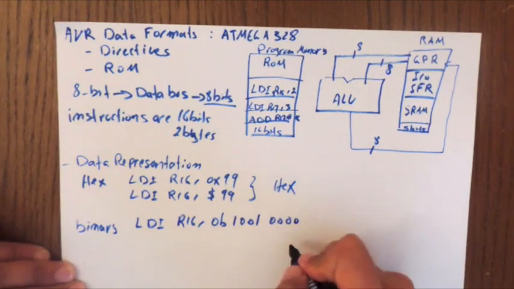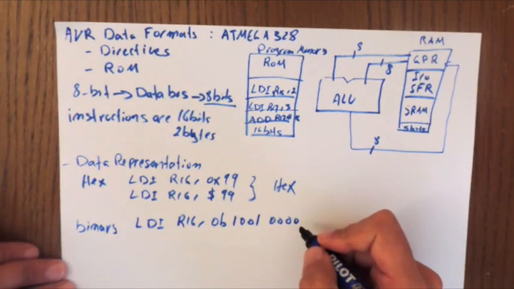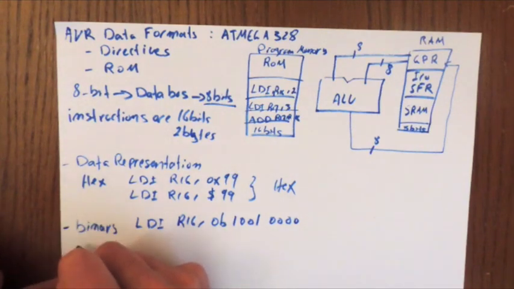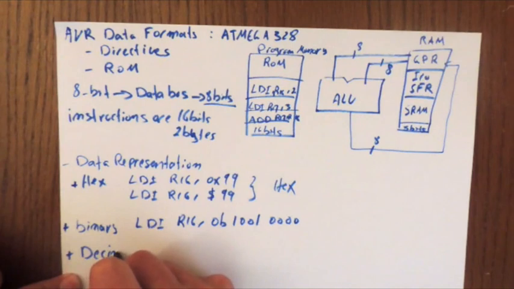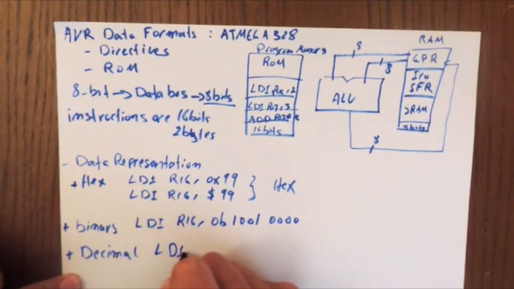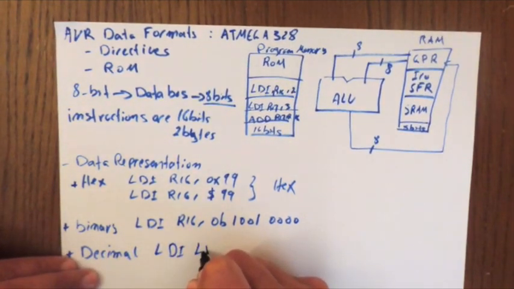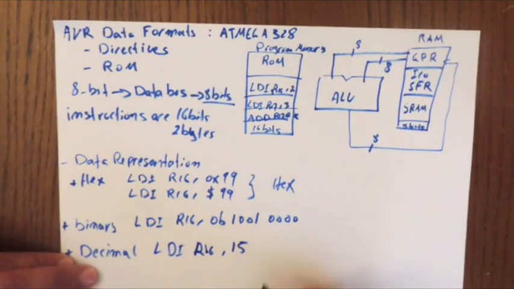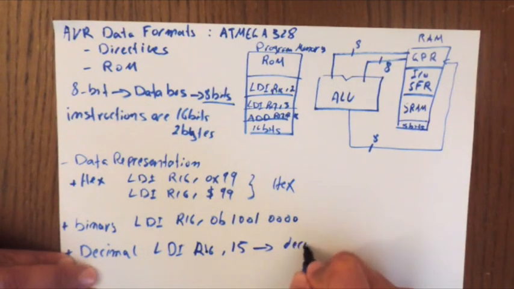We don't need any quotations or single quotes. For decimal, I just write the number, so 15 here is a decimal value.